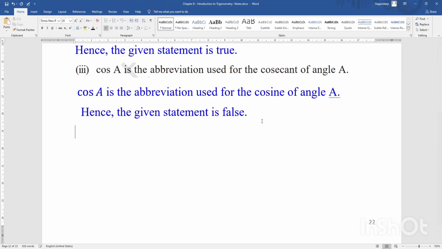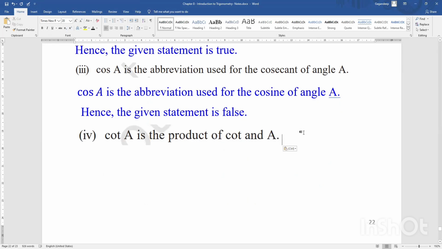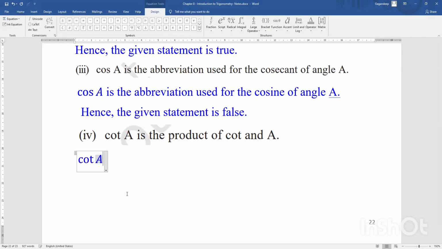Then I have the next question, the fourth one: cot A is a product of cot and A. See, cot A is a trigonometric function, in fact. So we can write like this: cot A is not a product.